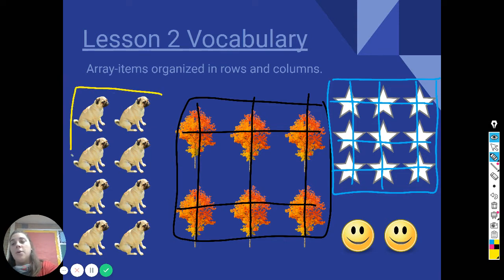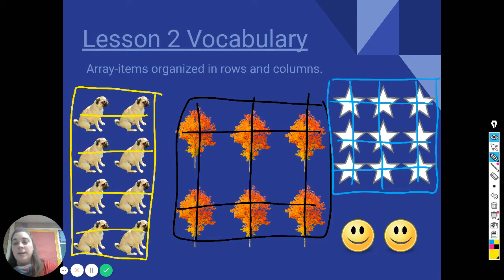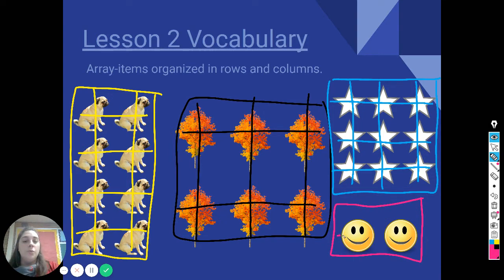Over here is an array. You can see that this array is organized into rows and columns. And even here, you can see another array, which is organized into one row and two columns, okay?